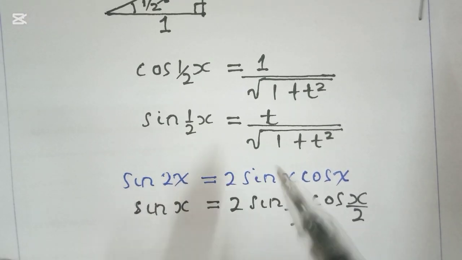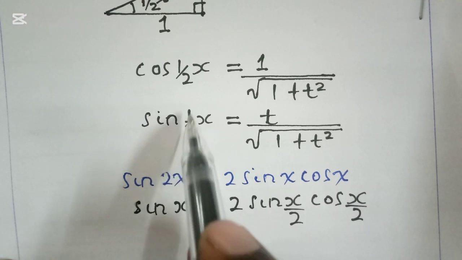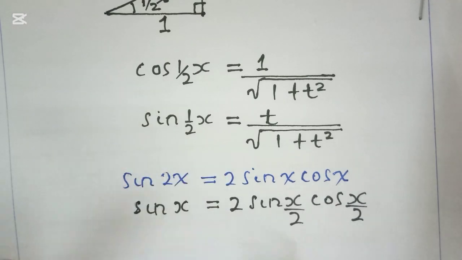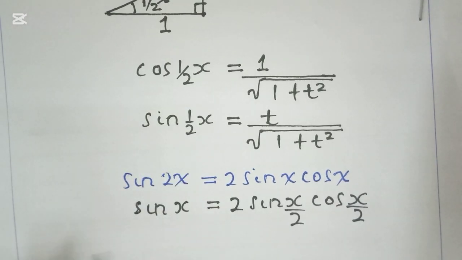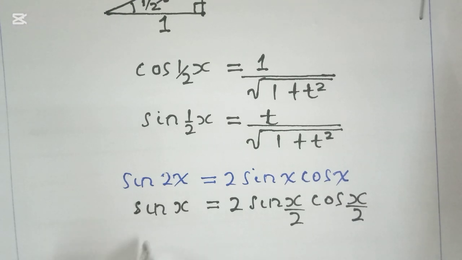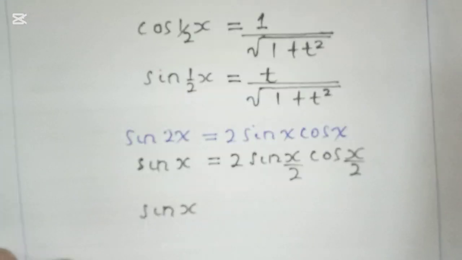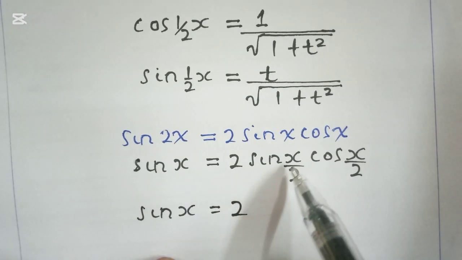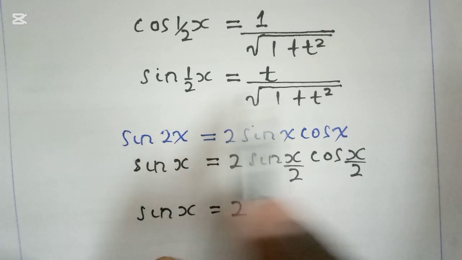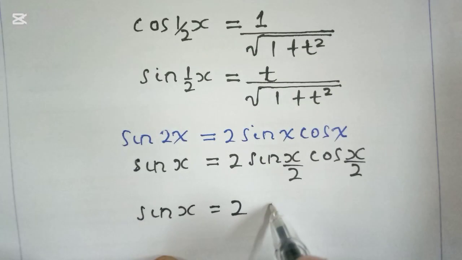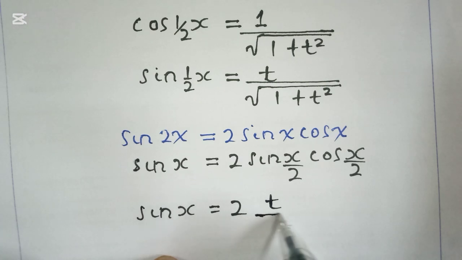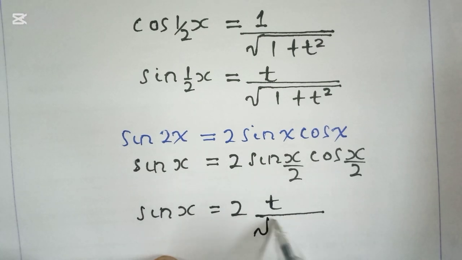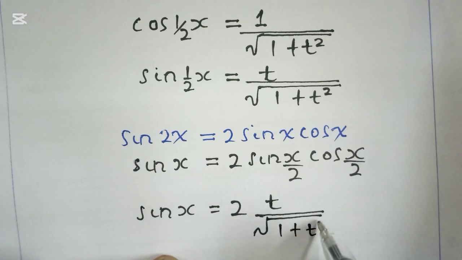So guys, with that, here we have the values of sin half x and cos half x. So for us to find sin x, sin x is now going to be given by 2 multiplied by sin x over 2 in terms of t, that is t all over the square root of 1 plus t squared.